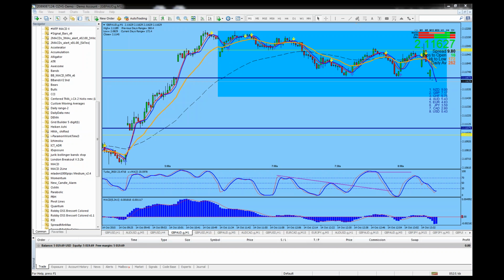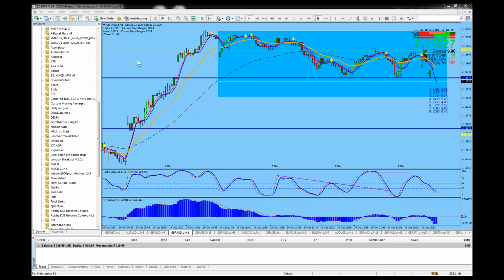Laguerre histogram? No, just the traditional Laguerre. Here's the Bressert. This is Bressert no repaint with alerts, because Bressert would have a tendency to repaint, which is awful.